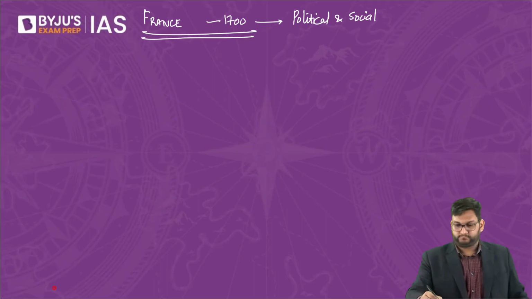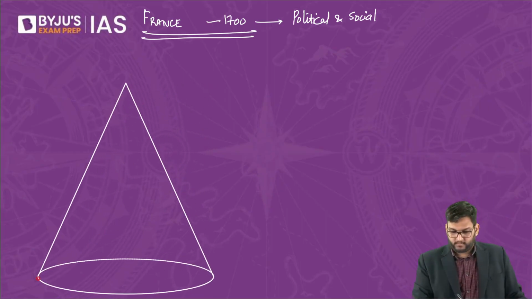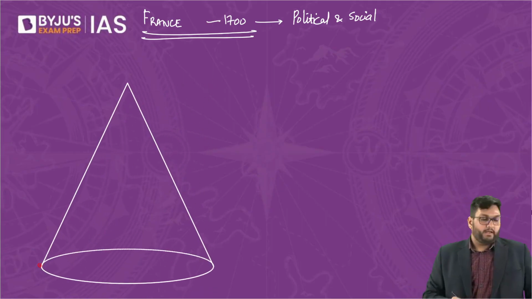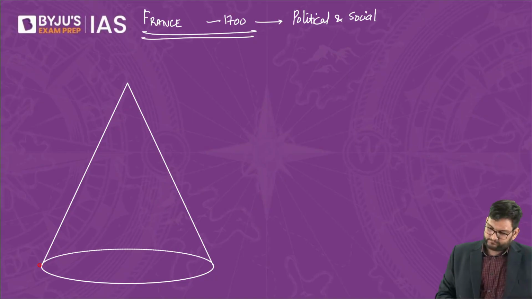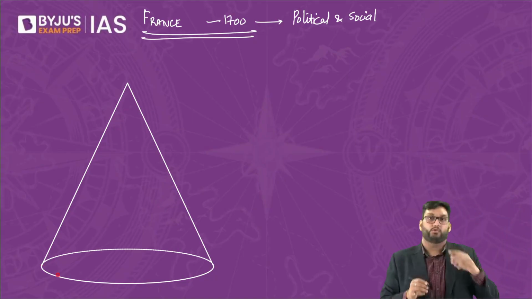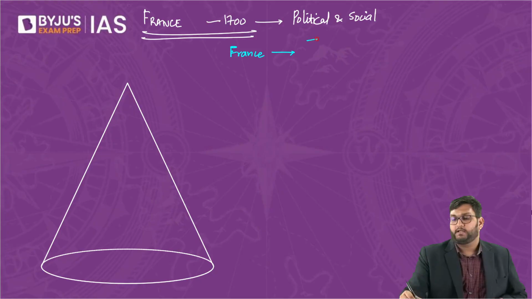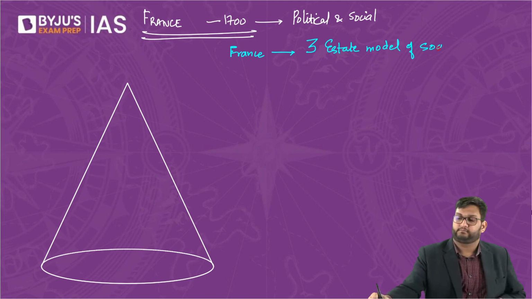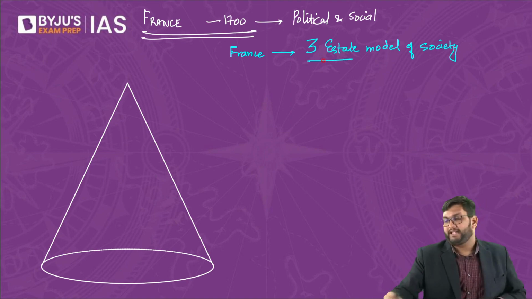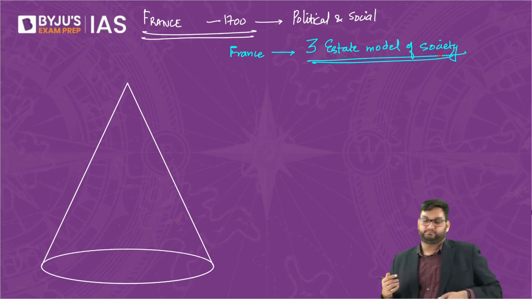See, France used to follow what is called the 3-estate model of society. Estate means strata.